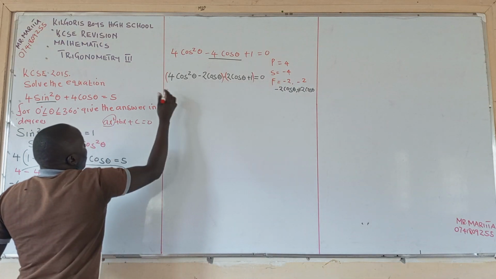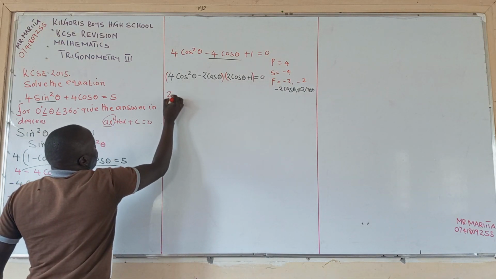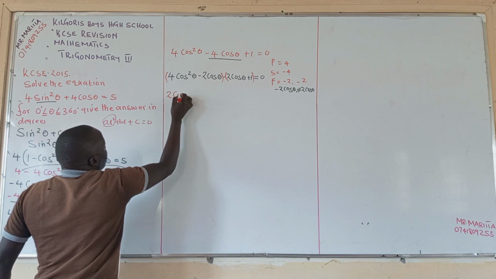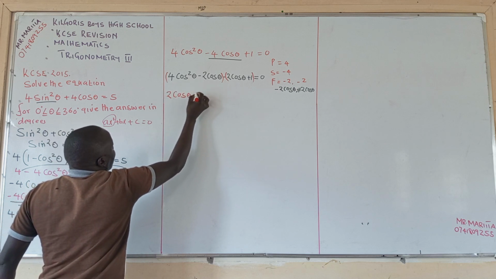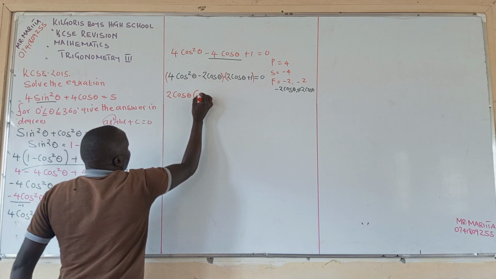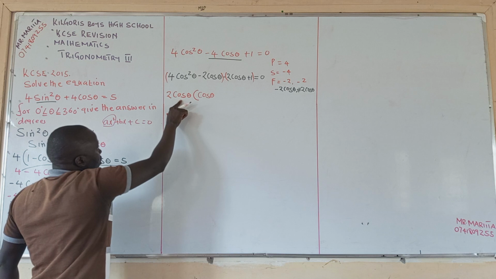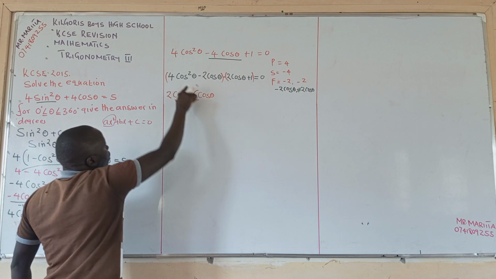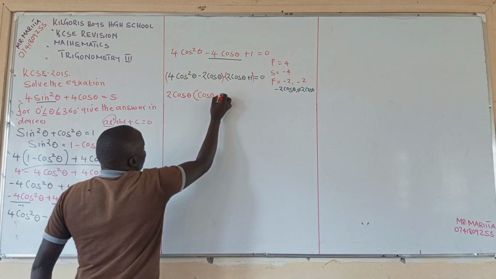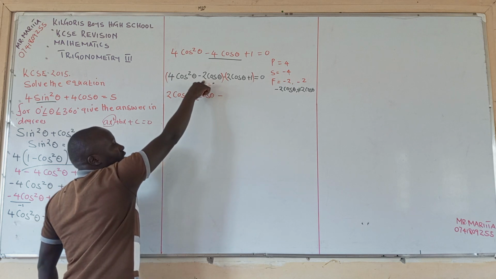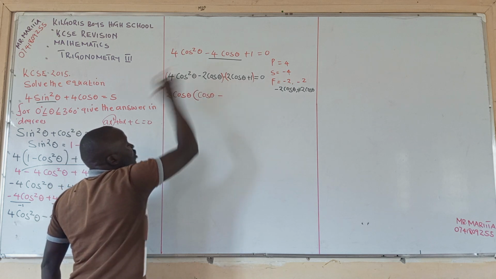So from here, 2 is common here. It is 2 cos theta in that case. So we have cos theta times cos theta is equal to cos squared theta, minus, here we have negative 2 minus 2 cos theta.